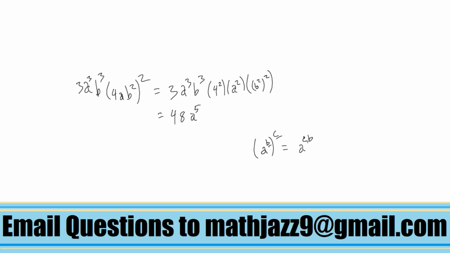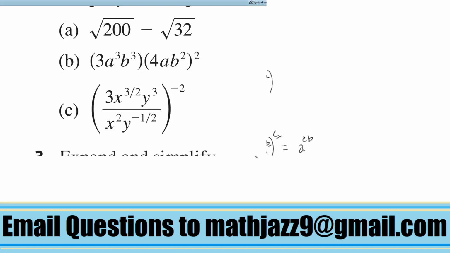So 2 times 2 is 4. This is going to be b to the 3rd times b to the 4th. 3 plus 4 is 7, so we get b to the 7th. And this is our answer. 48, a to the 5th, b to the 7th. Okay. And we have one more expression here.